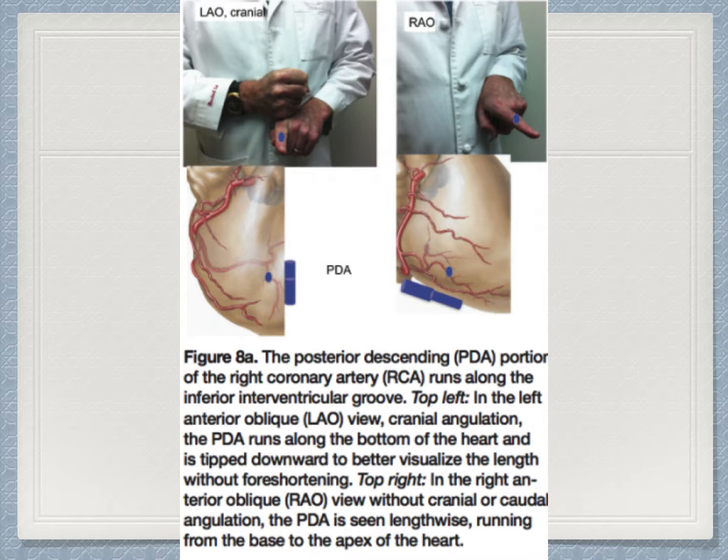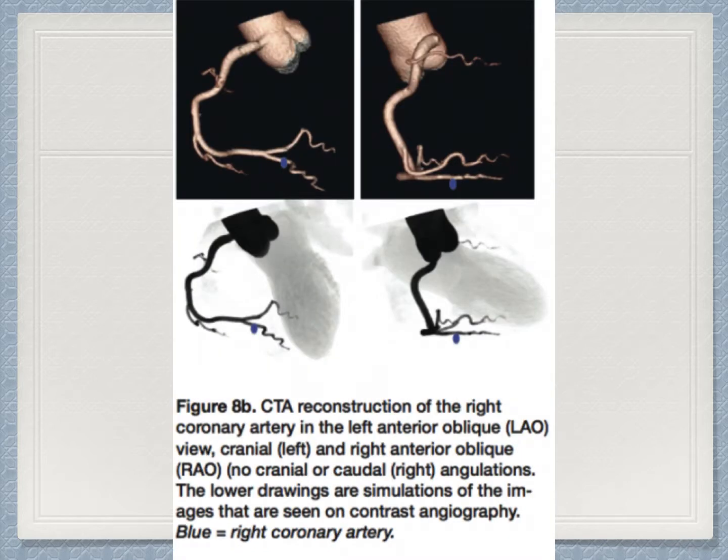Right coronary LAO looks like a C, RAO looks like an L. Or if not, use this finger pointing straight forward for the posterior descending, or pointing forward but looking to the left. This would be the LAO. Remember that your right shoulder would be anteriorly projected.